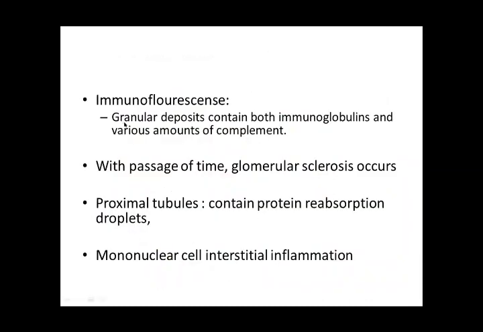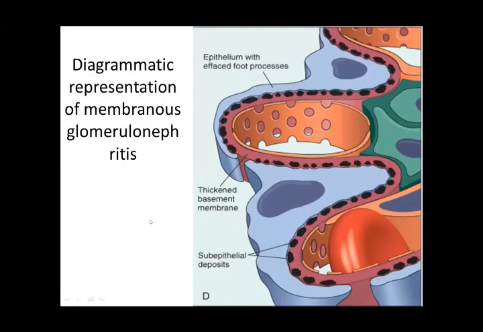Immunofluorescence: granular deposits contain both immunoglobulins and various amounts of complement. With passage of time, glomerular sclerosis occurs, and proximal tubules contain protein resorption droplets, and mononuclear cells. Interstitial inflammation is there.